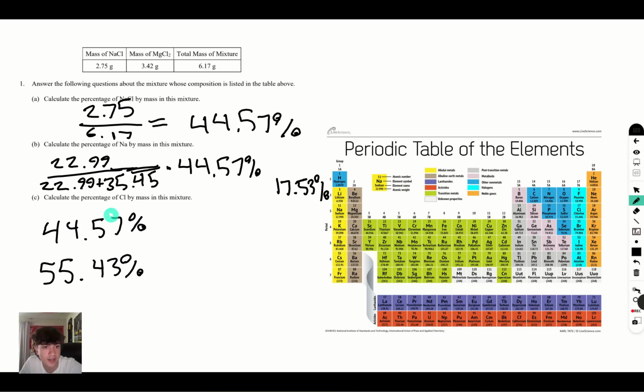So there you go. Here's how much NaCl you have by percentage. This is how much MgCl2 you have. Then multiply by how much chlorine there is in there, which is chlorine over NaCl. And you do the same thing here, but you do Cl2 over MgCl2.